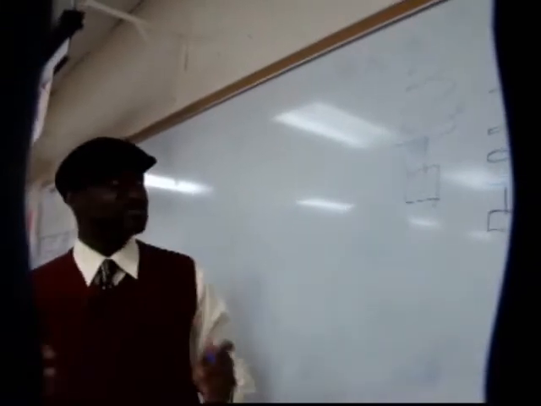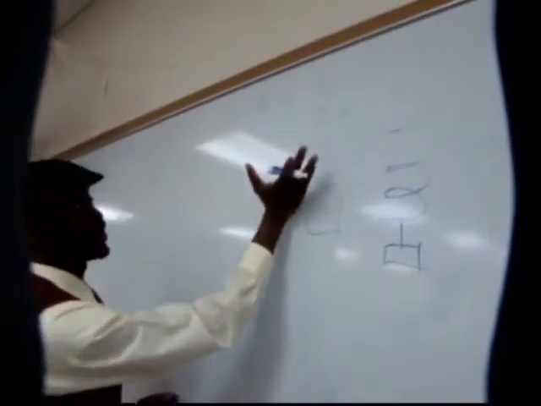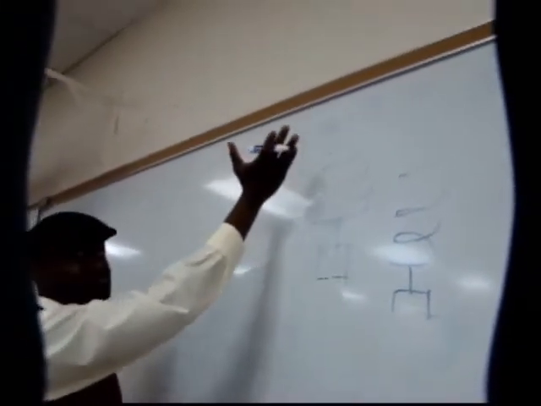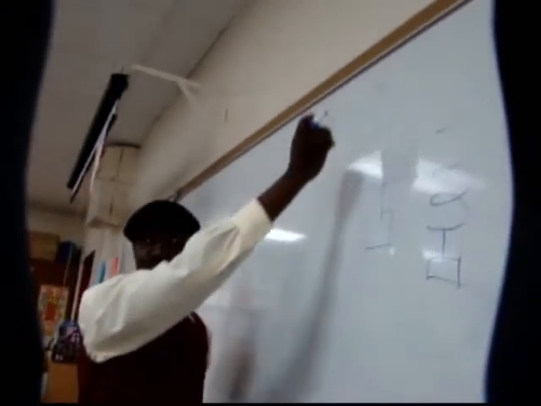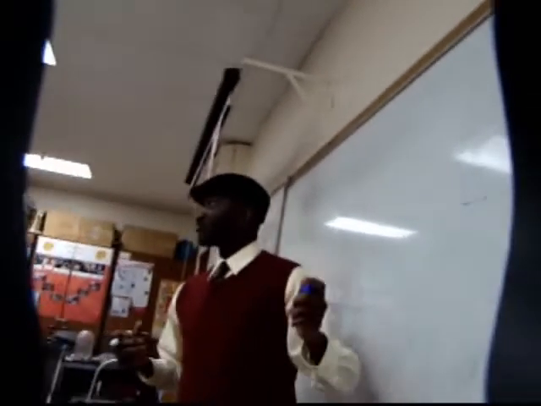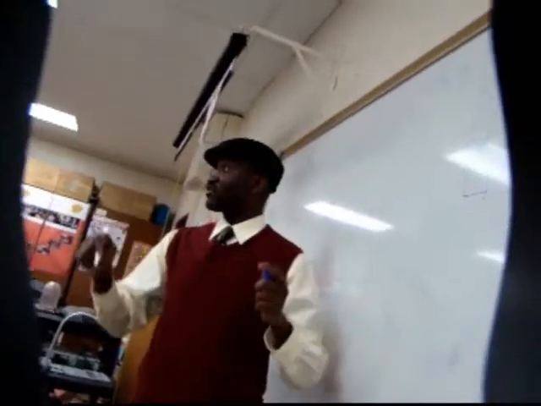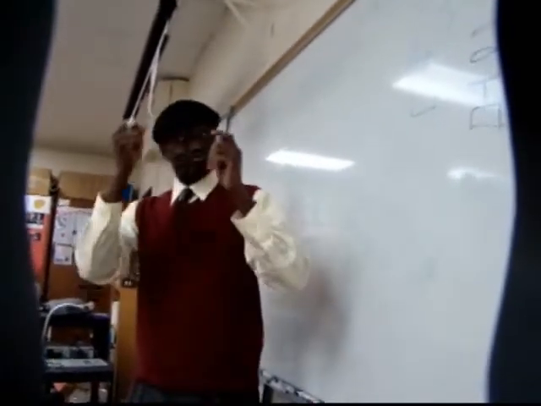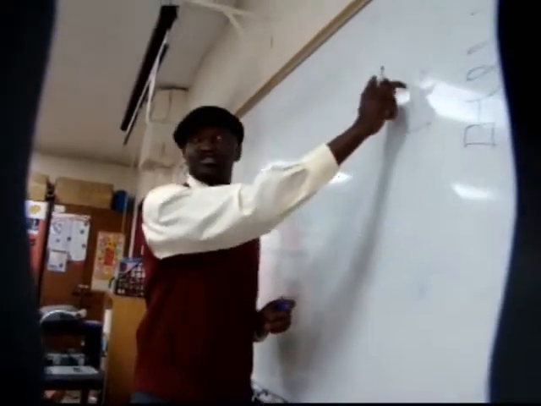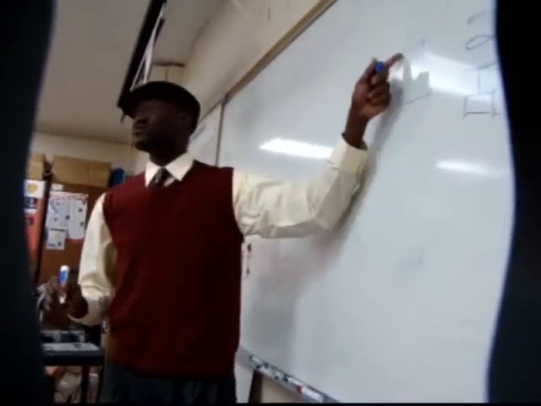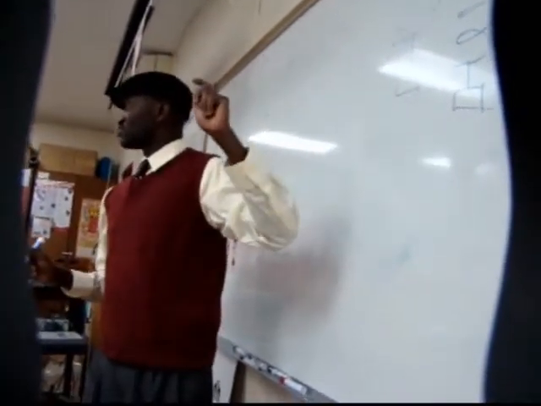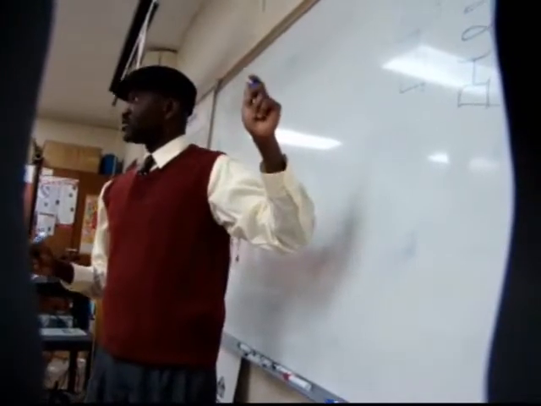The same thing happens if you compress this spring. Something is going to happen. A force will pull it down. So when you stretch it and when you compress it, a force will either try to bring it to the original position. And that original position is actually the equilibrium position.